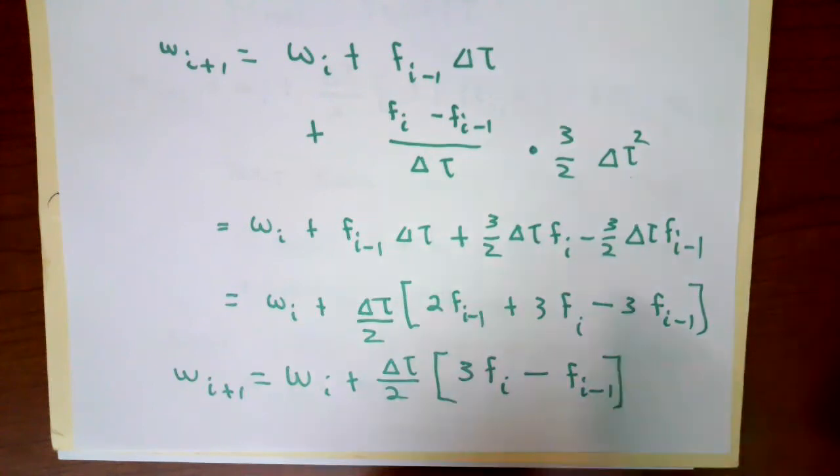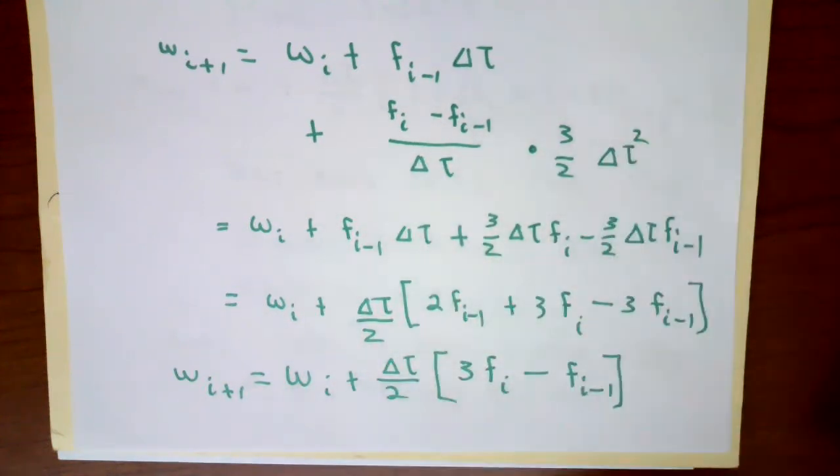If you'll notice, a factor of delta t will cancel out. So after doing some algebra, it turns out that w number i plus 1 is wi plus delta t over 2 times 3/2 of the f value at time ti minus the f value at time ti minus 1.